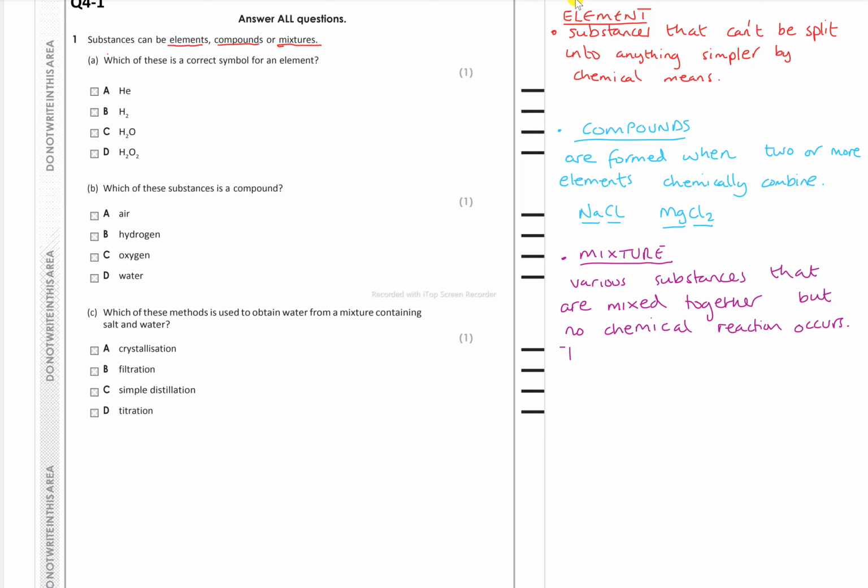Right, they can be separated by physical means. There you go.